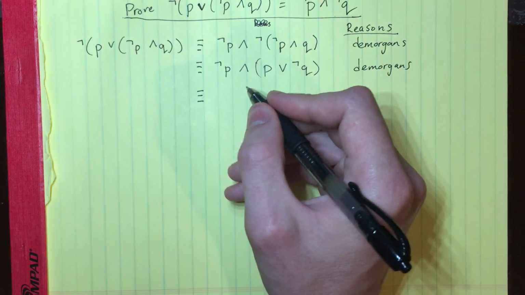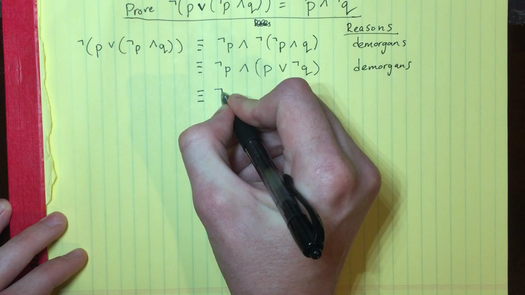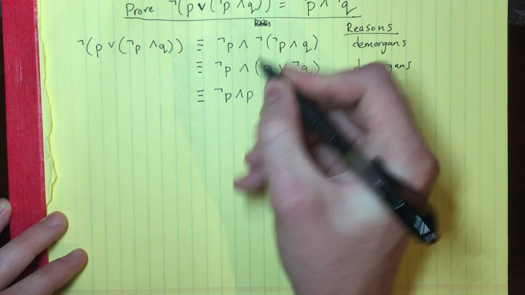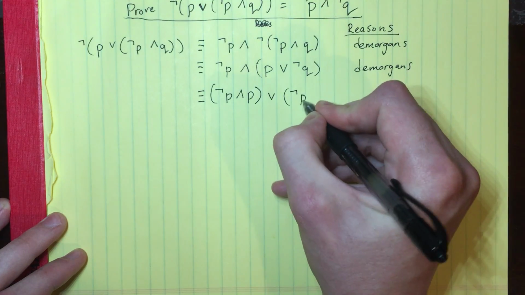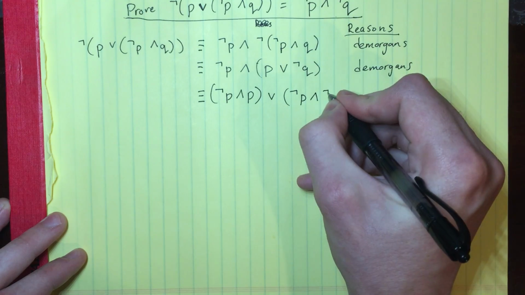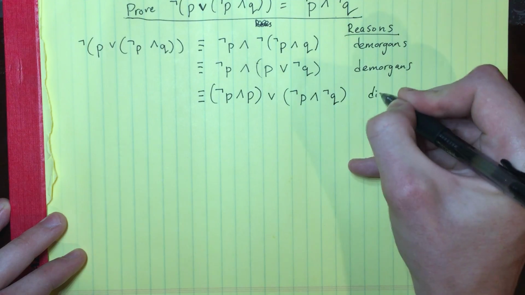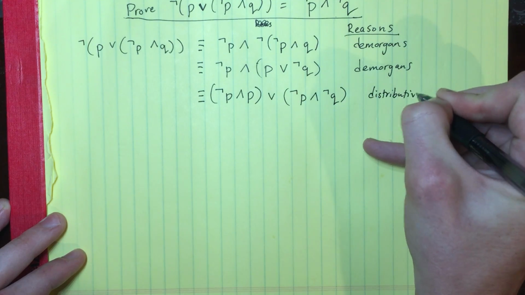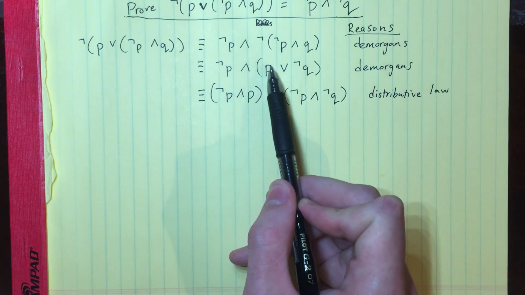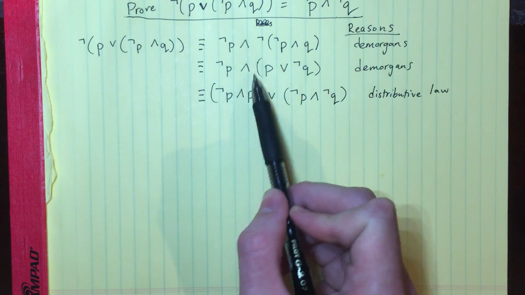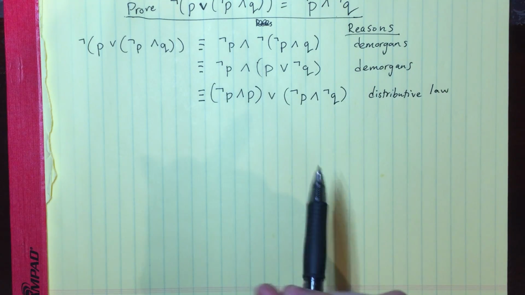So you can write it using the distributive law: not P and P, or not P and not Q. So this is called distributive. Basically take this and distribute it to this and this. And when you do, it becomes that. You follow the example of the law.